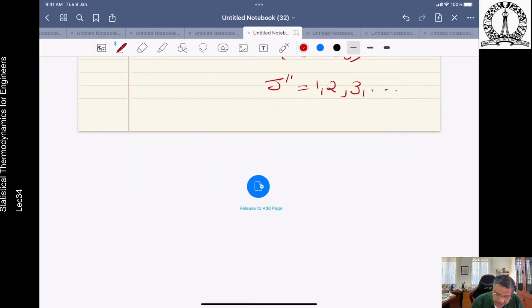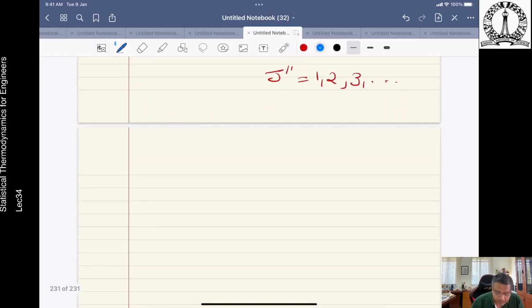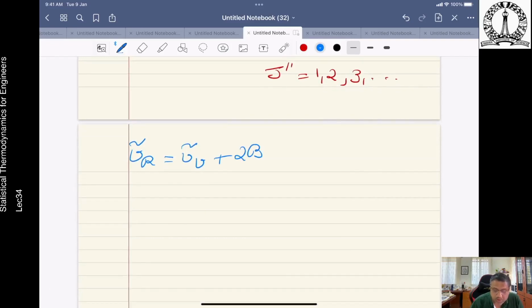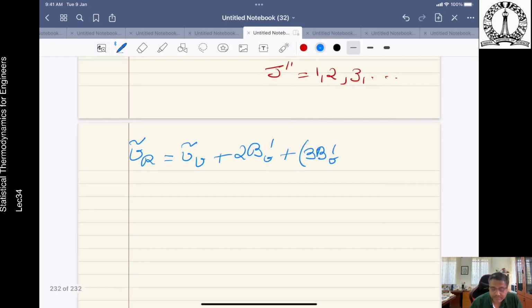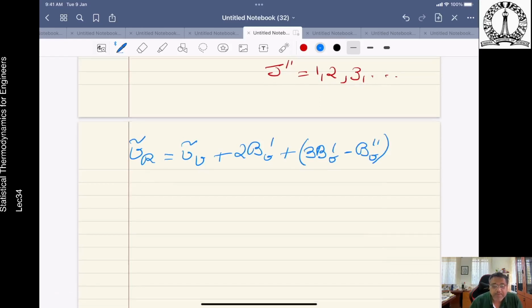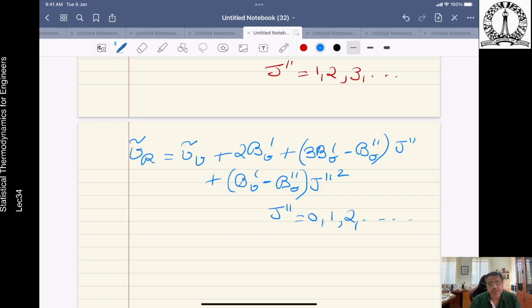Similarly for the R branch, nu_R is equal to nu_0 plus 2B prime plus (3B prime minus B double prime) J double prime plus (B prime minus B double prime) J double prime square, where J double prime equal to 0, 1, 2, and so on.